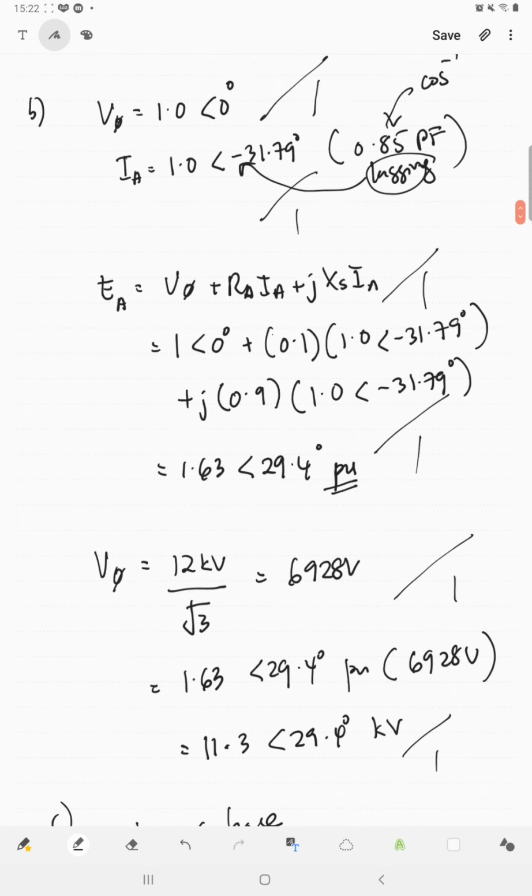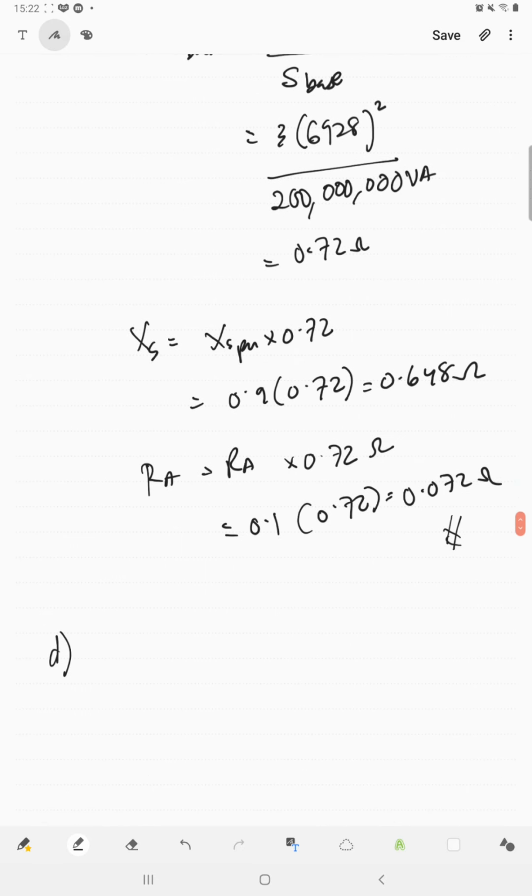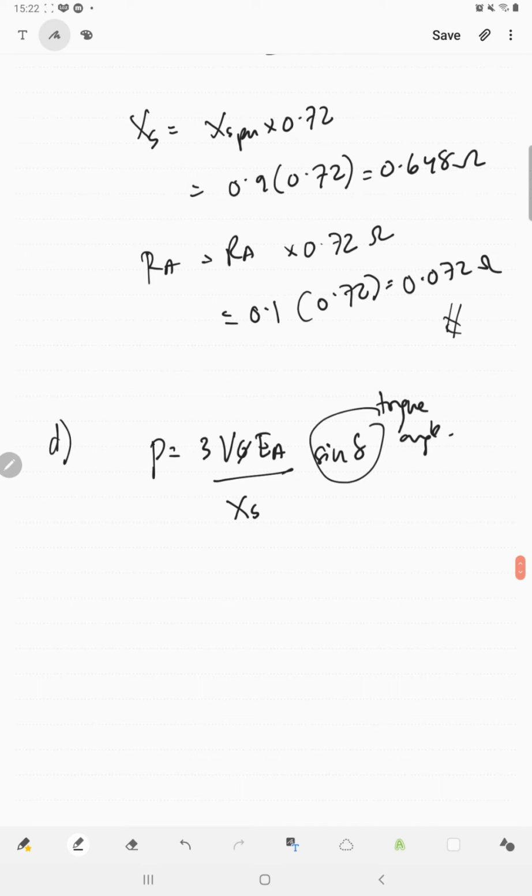If the field current is held constant, and we ignore the armature resistance, the power is 3 V phase EA divided by XS times sine delta, where delta is the torque angle. Maximum power is when delta is 90 degrees.